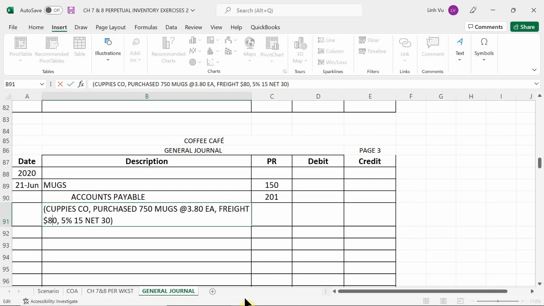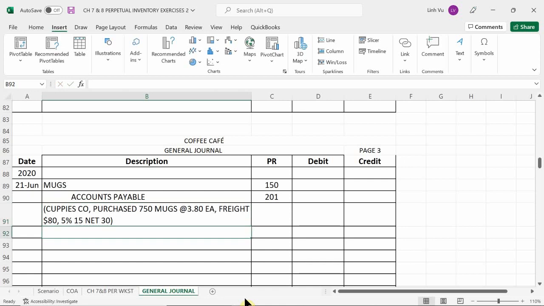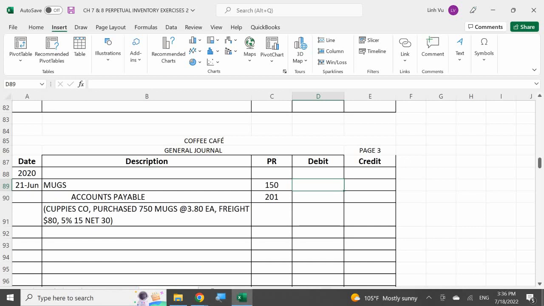Okay, I still got the 5%, 15 net 30 terms here. So in this case, what is my grand total purchases for my mugs? $2,930. Good.